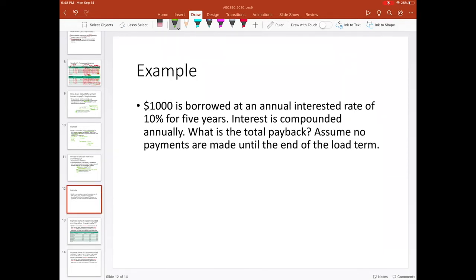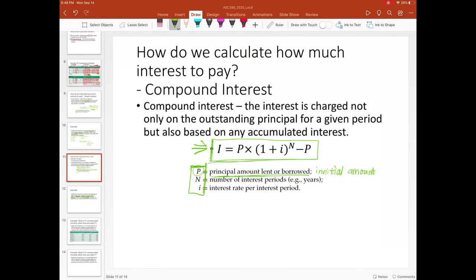So now let's apply that equation to the same example. 1,000 is borrowed at an annual interest rate of 10% for 5 years. But now the interest is compounded annually, which means it's compound interest and it's calculated every year. So the question is, what is the total payback? Now let's copy this equation.